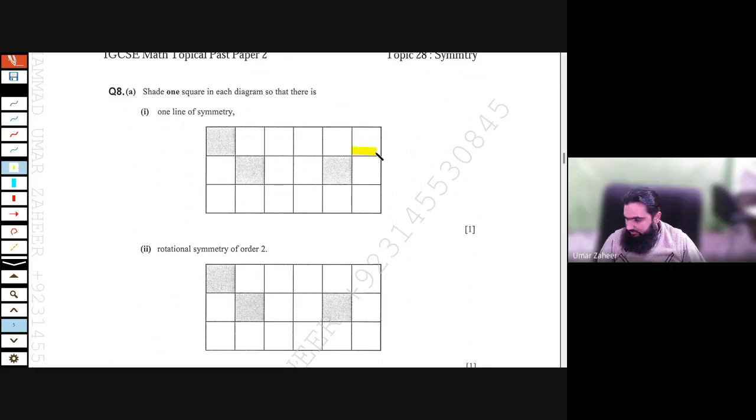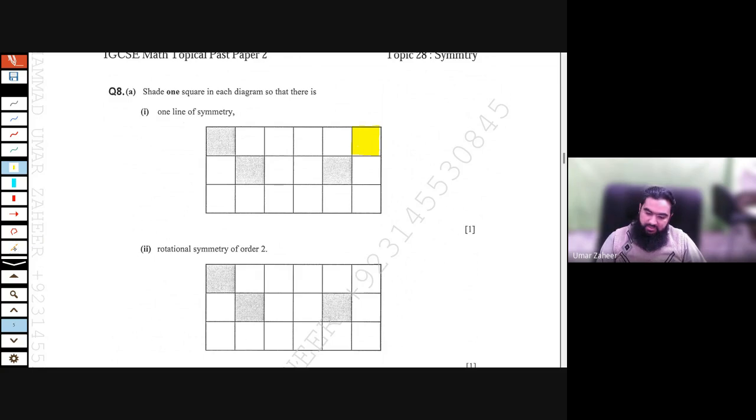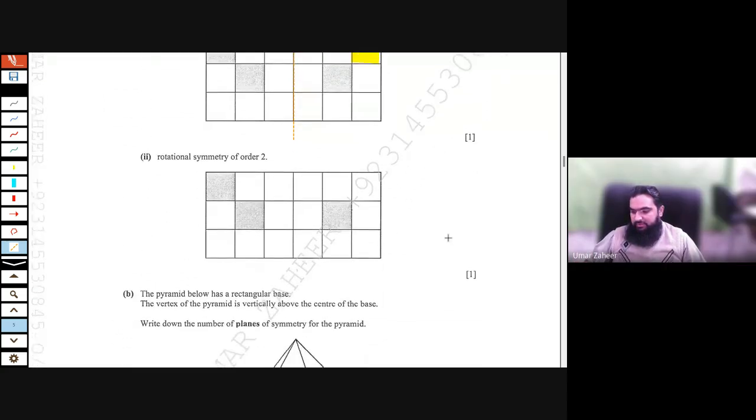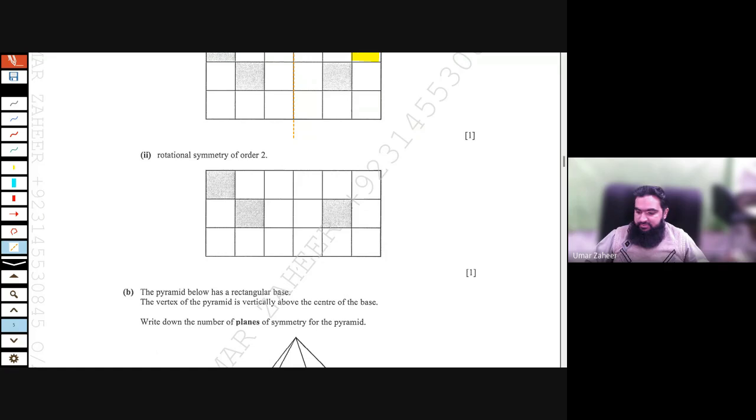After drawing it, you are getting a line of symmetry, a vertical line. You are getting this line of symmetry here. All right, here you need a rotational symmetry of order 2.